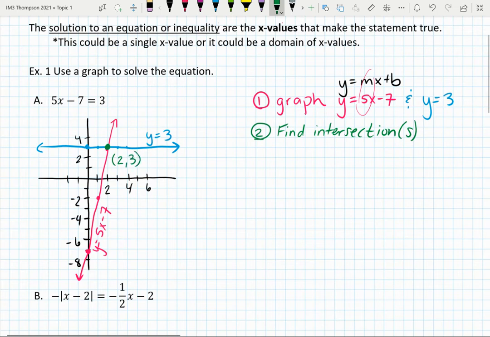And every coordinate is always x, y, so I go left or right first, and I count from the origin. So I go right 2, up 3, which gives me the intersection of 2, 3. Only one coordinate where these intersect.